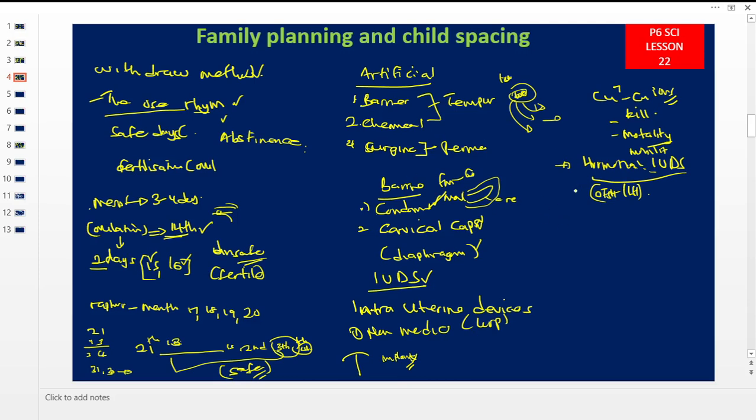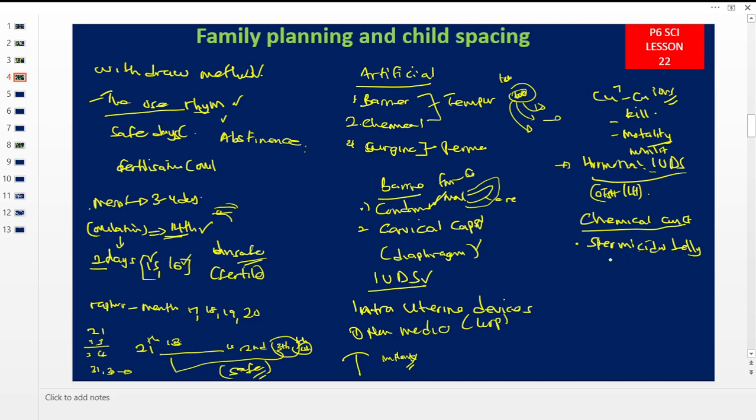Then let us now look at the chemical contraception. When I say contraception, I mean prevention using chemicals. One, we have what we call spermicides. Spermicidal jellies or foams. Spermicidal means the jelly or the foams that kill sperms.